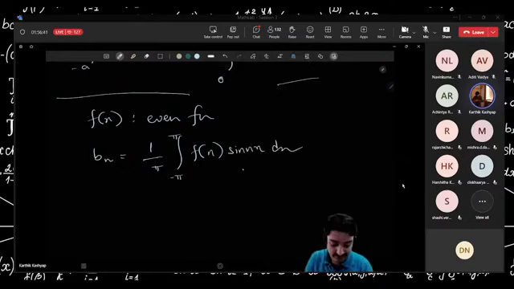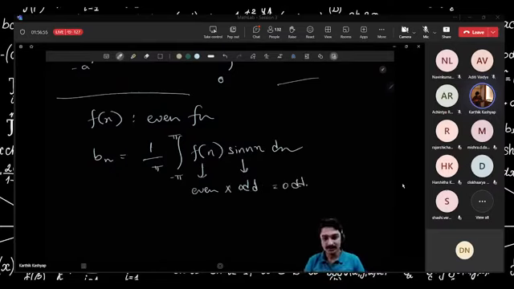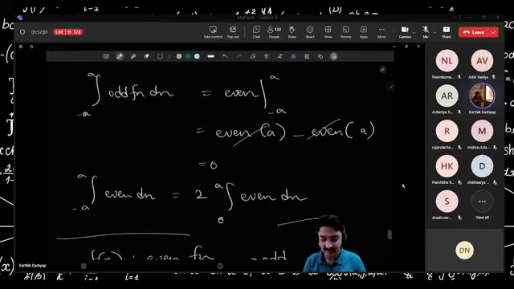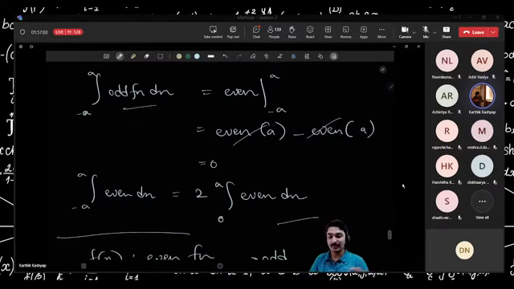We know that sine is an odd function, and this f of x we have taken as an even function. So this is even and this is odd. An even function times an odd function will be an odd function. So this whole thing is an odd function. So again, this is equivalent to our previous assumption of the integral of an odd function from minus a to a, in this case a being equal to pi.